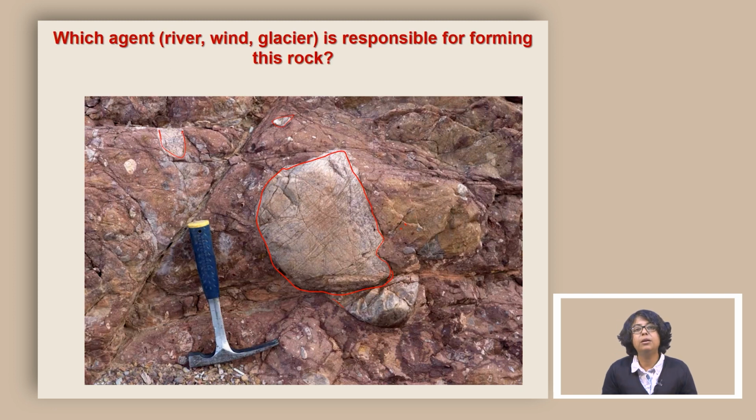So, the way the logic goes is, if you think about wind, the wind cannot carry a material which is as big as this. This hammer is for scale. So, we are easily talking about, let us say, 15 to 20 centimeters diameter, and this direction is going to be even bigger than that.